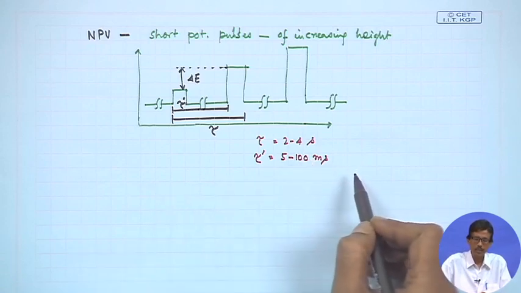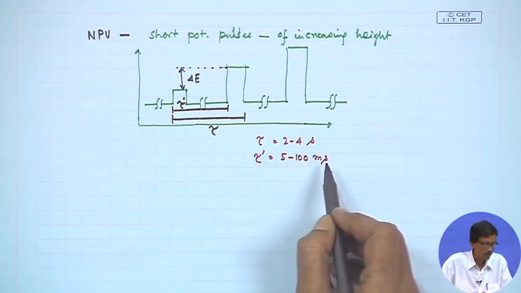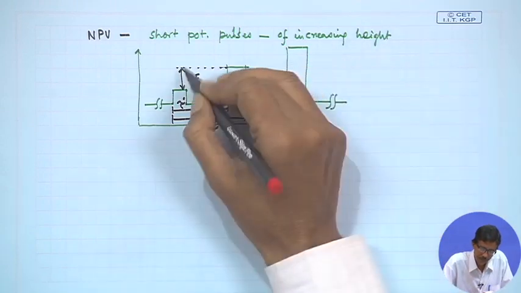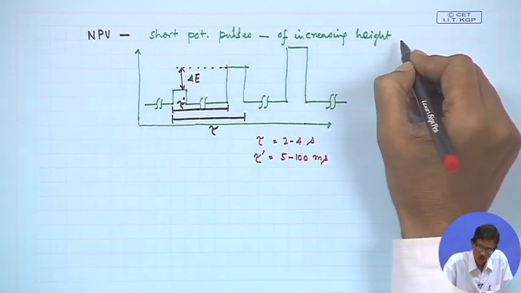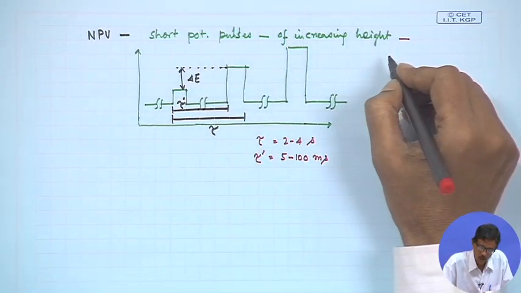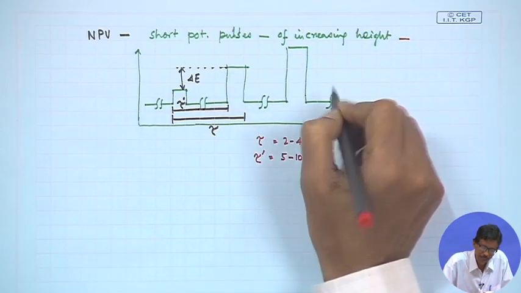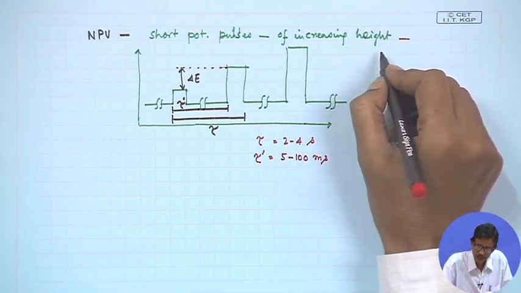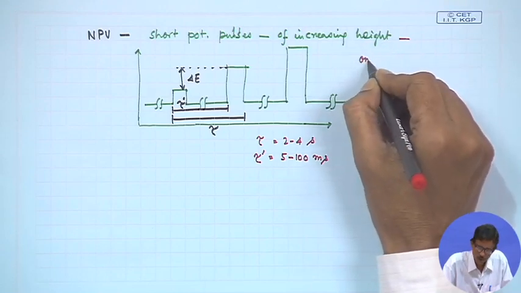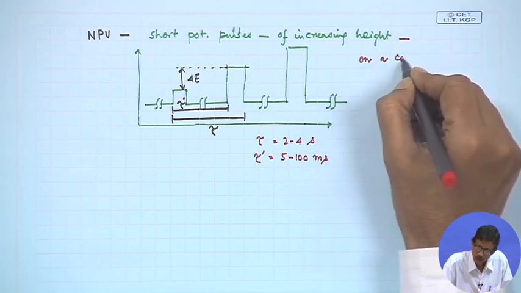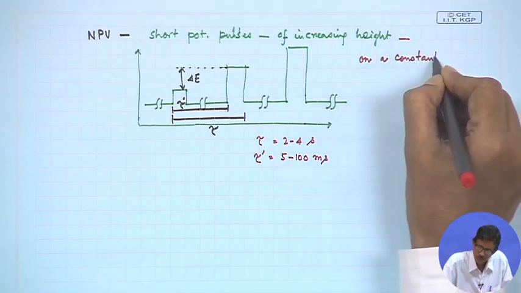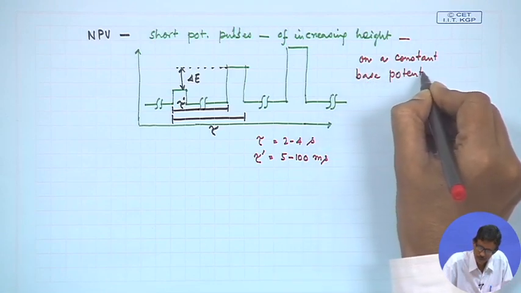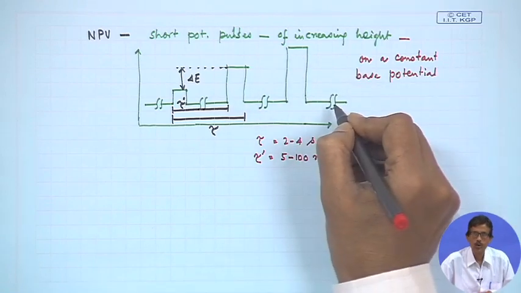Everything is computer controlled, or rather electronics controlled. So when we get these increasing heights of delta E values of the pulses, the potential is coming back. You give these short, increasing height pulses on a constant base potential, because it is coming back to the original potential value.